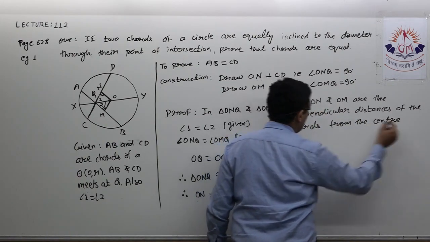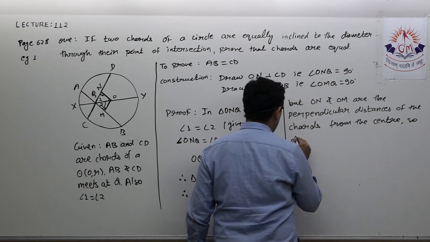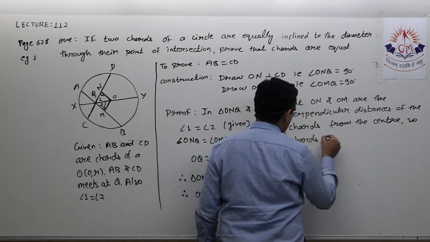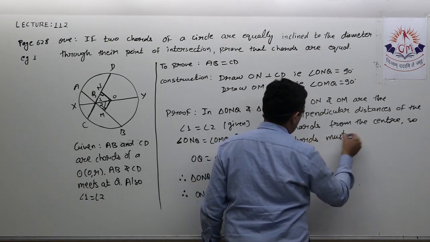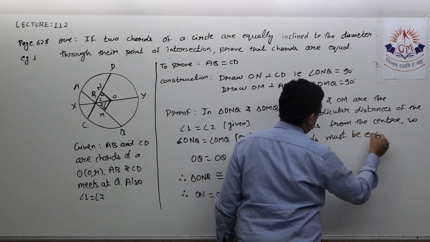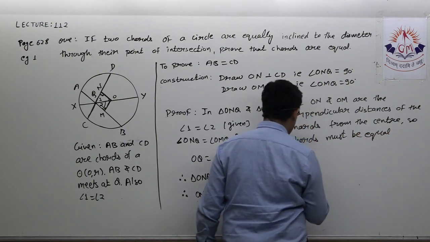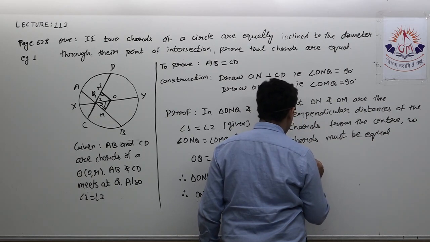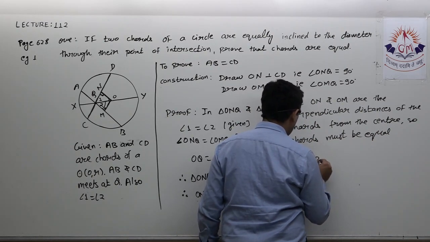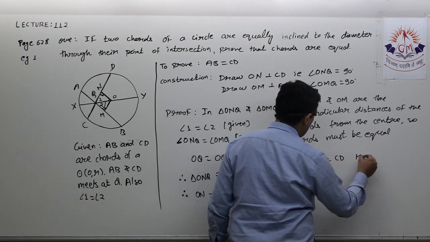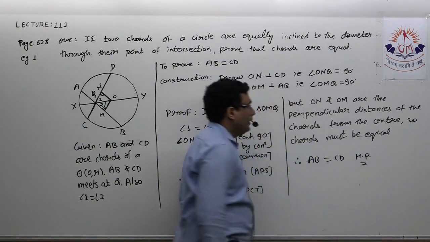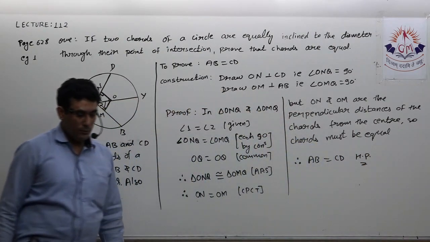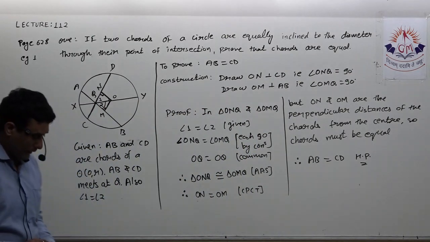Therefore, chords must be equal. Therefore, AB is equal to CD. Hence, proved. So, please note it down. Then we'll see the next question.